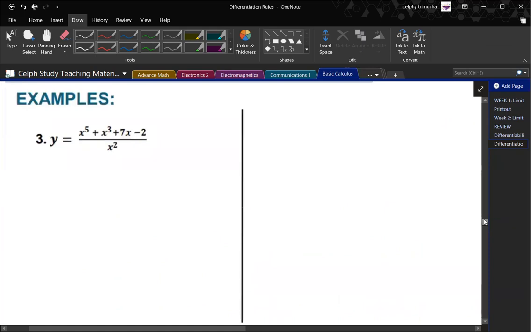Okay, another example, we have sa tining nga form x to the fifth plus x cubed plus 7x minus 2 all over x squared. So pwedeng amo ni ang given.